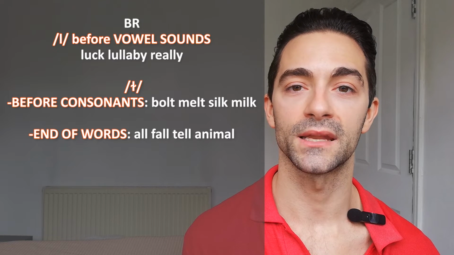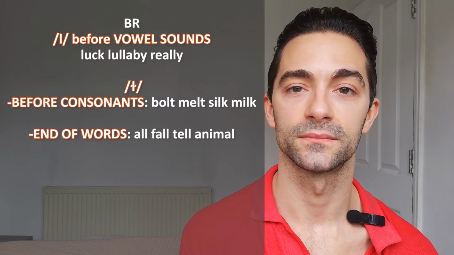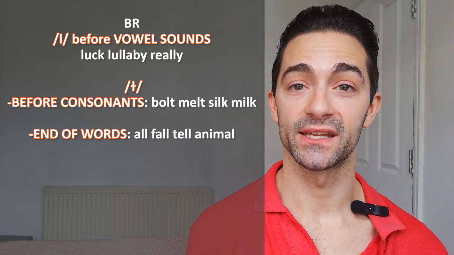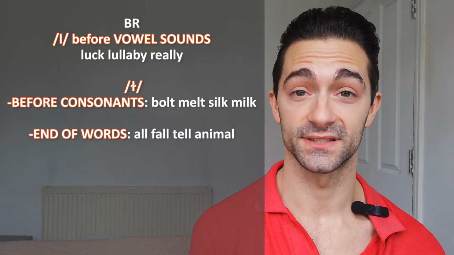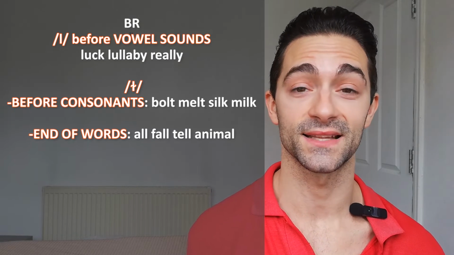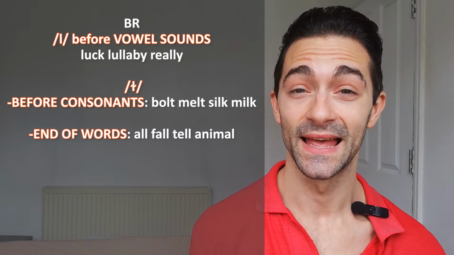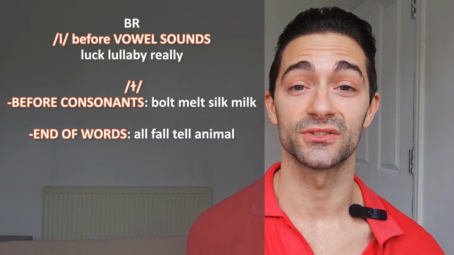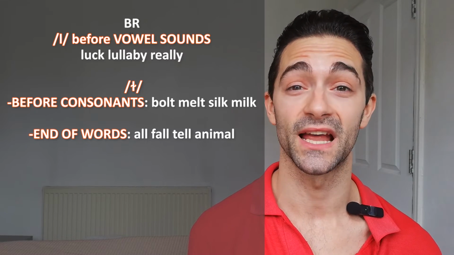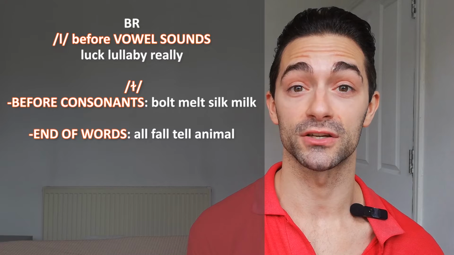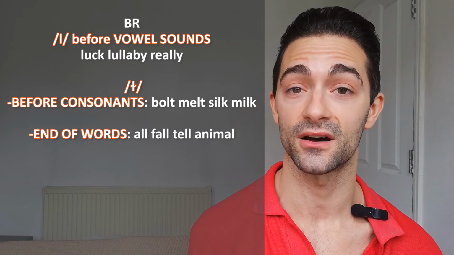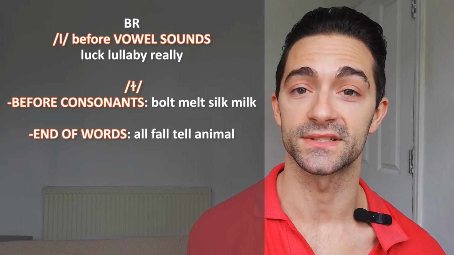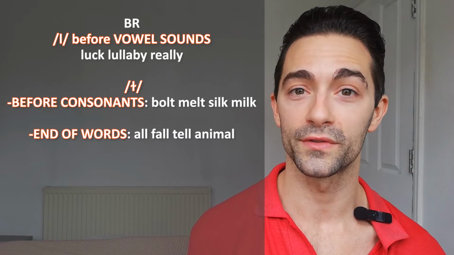All, animal, tell. Now, if you watch American English videos, they tell you that even American has this difference. But for us as British speakers, technically the difference doesn't really exist. We can't think of a difference there because to us, compared to how we pronounce the clear and dark L, American only uses the dark L all the time.